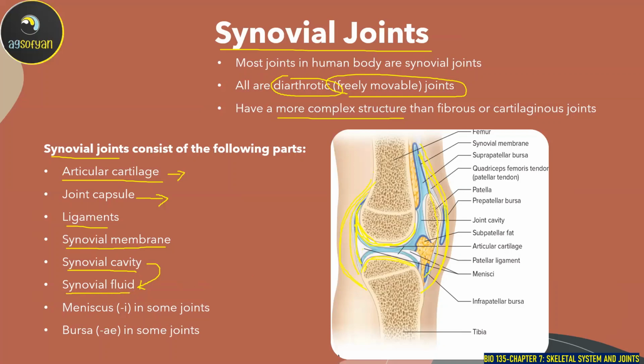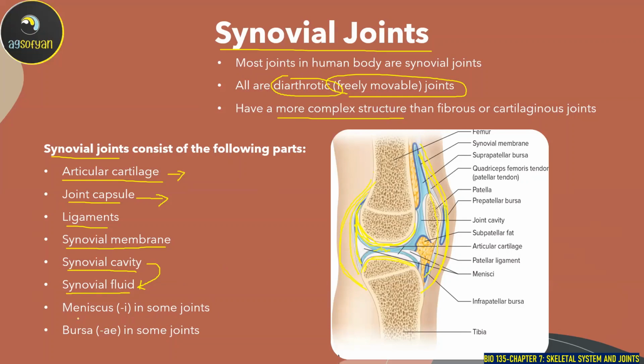This fluid fills the area between the bones inside this capsule. The function of the synovial fluid is reducing friction, just like oil in an engine. It makes the movement between the bones easy.